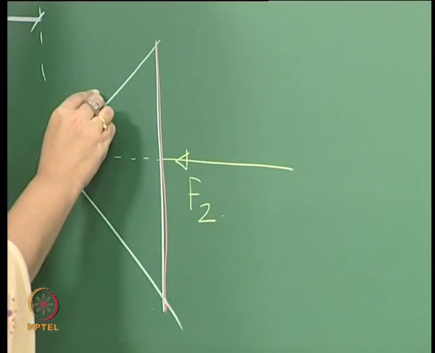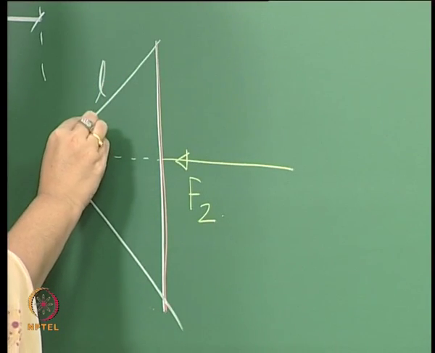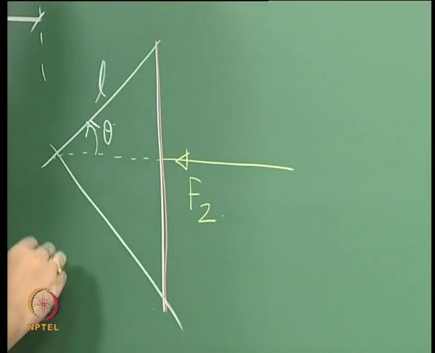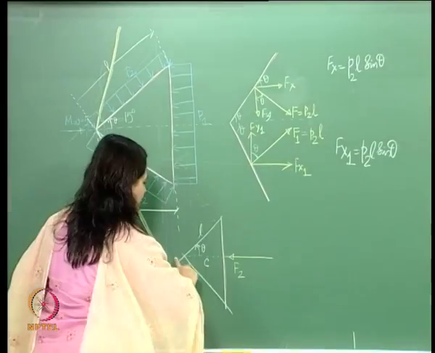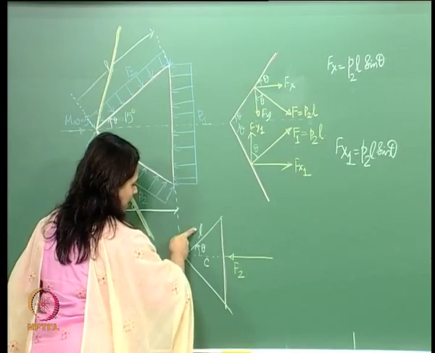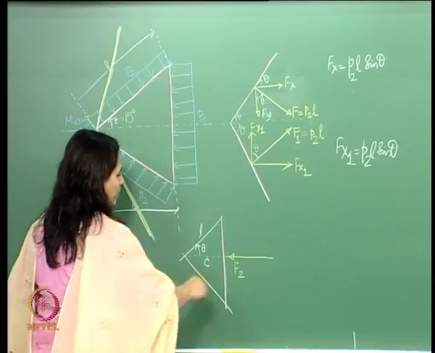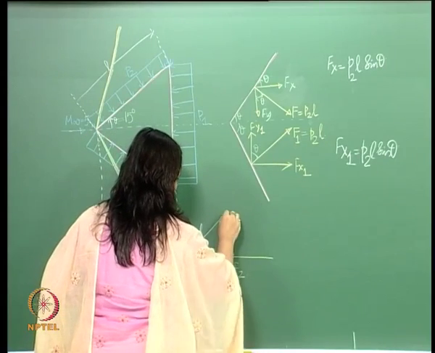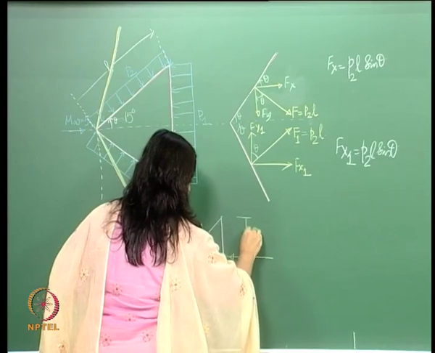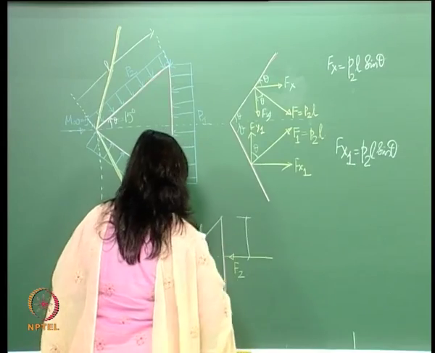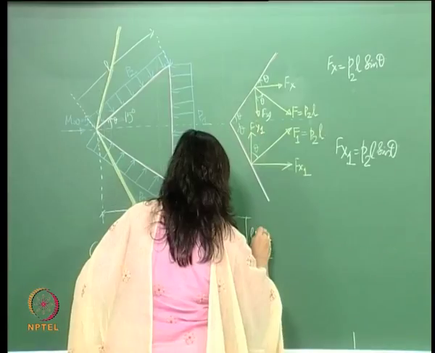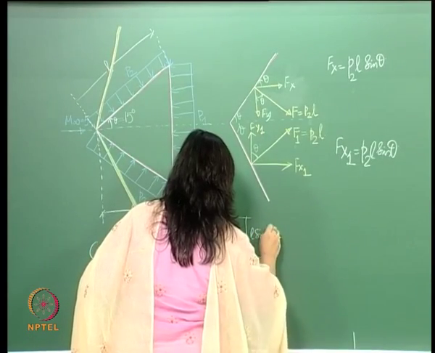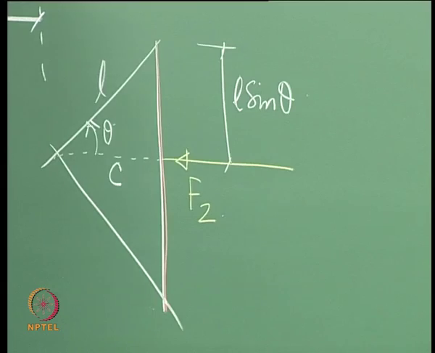Okay, and this is our L, this is our theta, and this is our C, isn't it? This length is C, this length is L, and this is theta. So therefore we can find out this particular length, isn't it? We can find out this particular length, and that comes out to be, you can see it from here. So this is L sine theta, right?